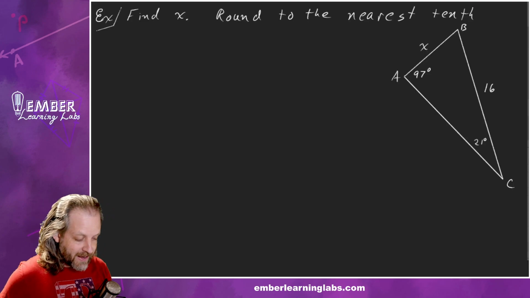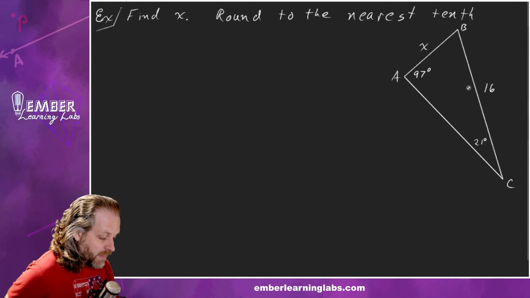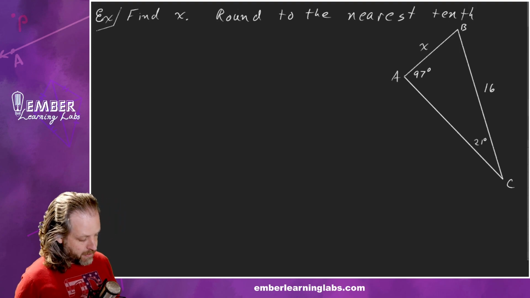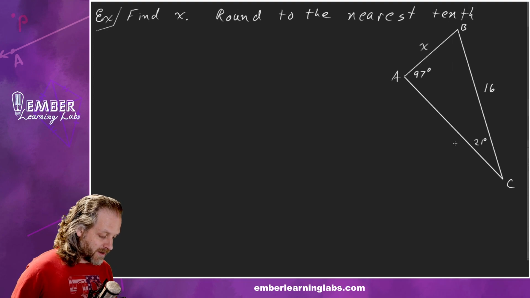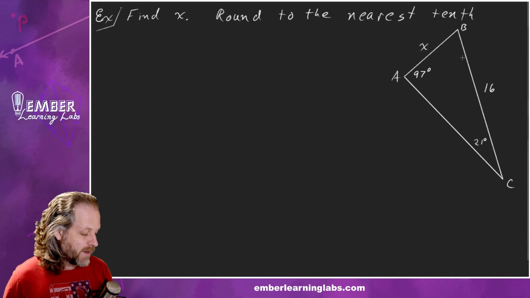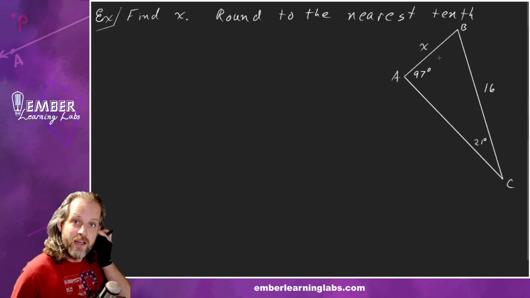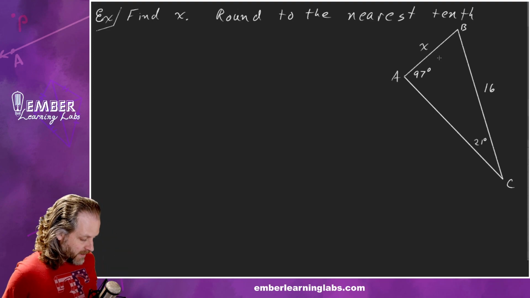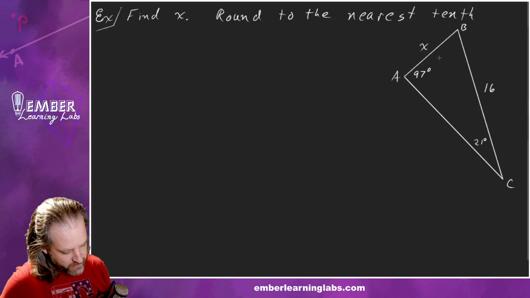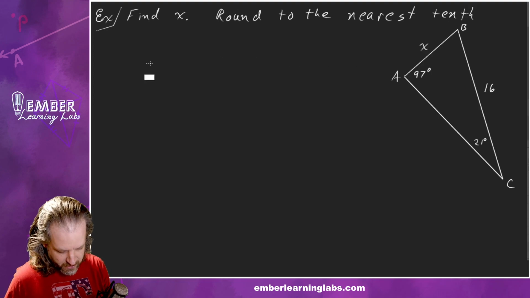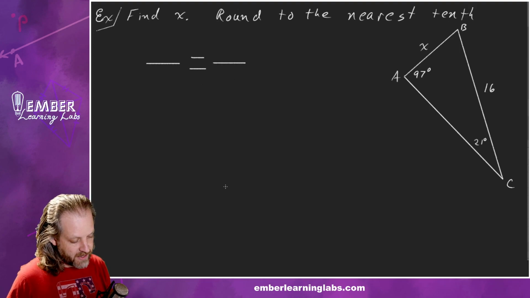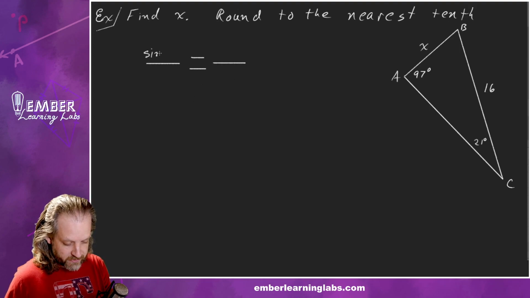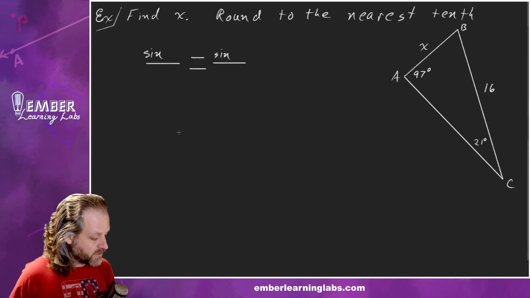So we're going to find x and round to the nearest tenth. This right here is not a right triangle, right? We've got this 97 degrees. We could subtract from 180 to find this missing one. So we're going to use the law of sines. To use the law of sines, we set up a proportion. Some fraction is going to be equal to some other fraction, with the sine of an angle on the top.